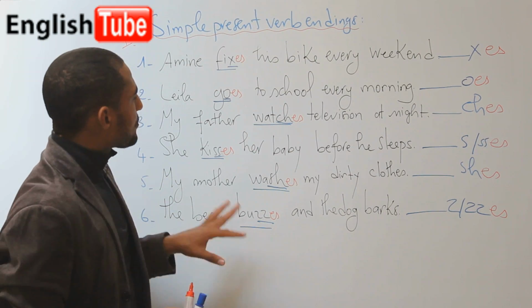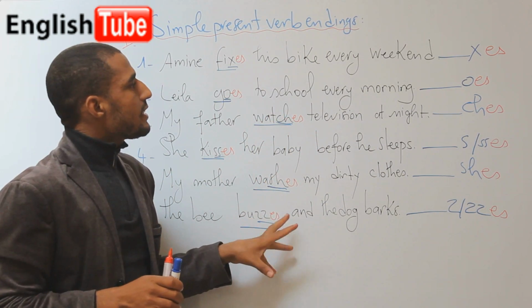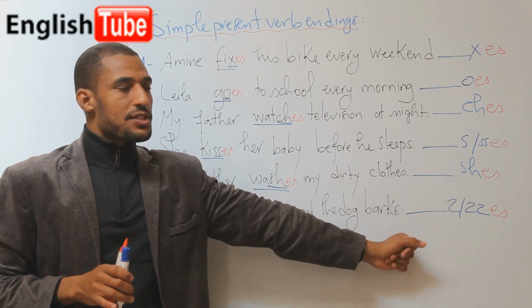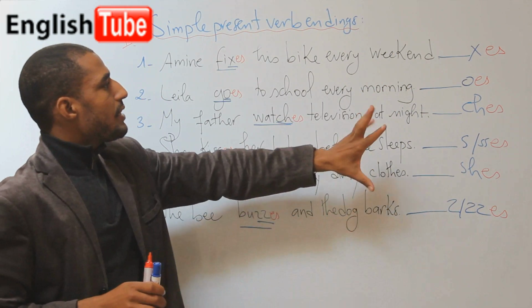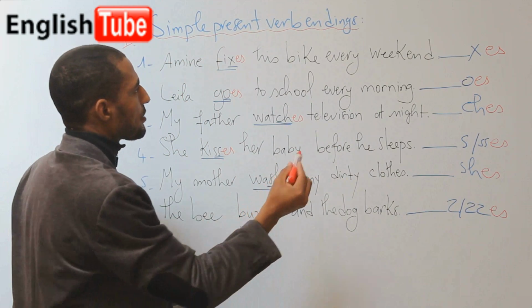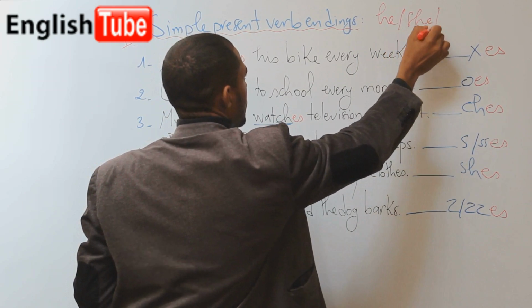Now, on the basis of these sentences, we can state the rule. We should add ES at the end of a verb after the pronouns he, she, or it.